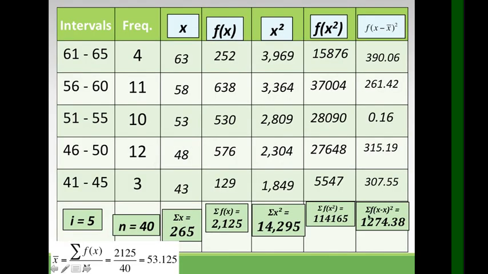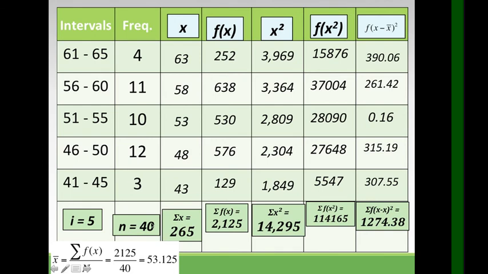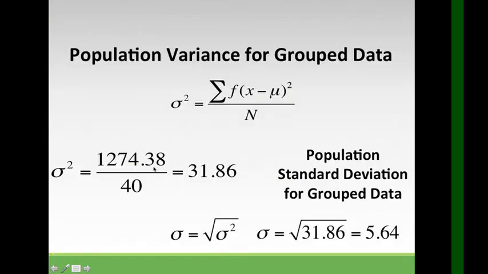Ito yung nakuha natin kanina. So, yun lang yung lalagay natin dito. And then yung n natin is 40. Balikan natin. N is equal to 40. So, i-divide mo lang yung dalawa, makukuha mo is 31.86.